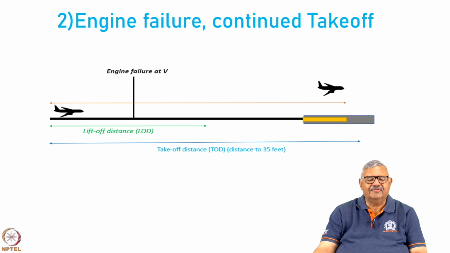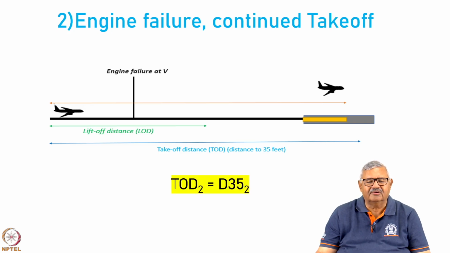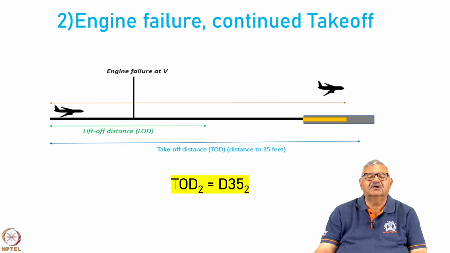If the failure happens at V1, you have both the choices, and in this particular case the pilot has decided to continue takeoff. So, the takeoff distance 2 from the second case, TOD2, is just the total distance travelled from the start of the roll to the place where the obstacle height is reached. Okay. So, that is the takeoff distance 2.